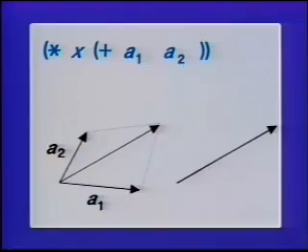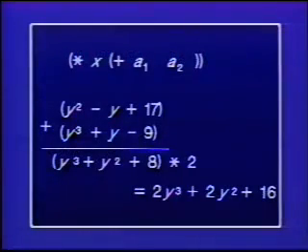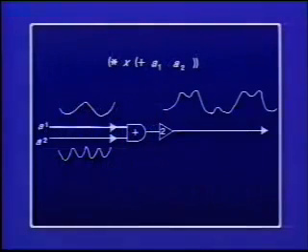Or I might say I want to think about a1 and a2 as being polynomials, and I might want to add those two polynomials and then multiply them by 2 to get a more complicated one. Or a1 and a2 might be electrical signals, and I might want to think about summing those two electrical signals and then putting the whole thing through an amplifier, multiplying it by some factor of 2 or something. The idea is I want to think about the general notion of that.